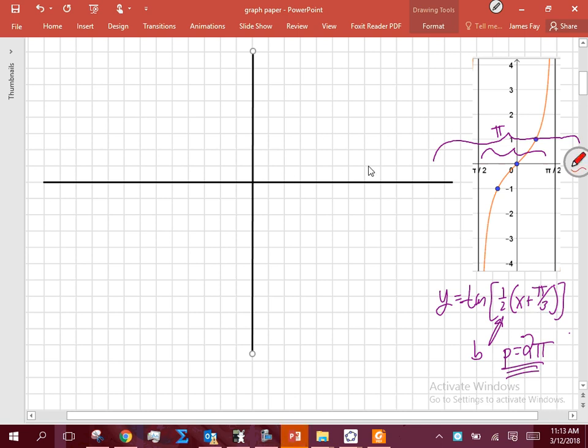So where would be my starting points and ending points for those asymptotes? If it's going to be twice as big, wouldn't my first asymptote be over here at 1 pi? And then over here would be at good. Okay.